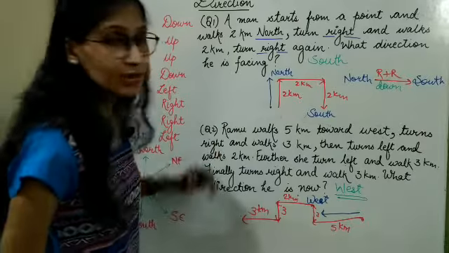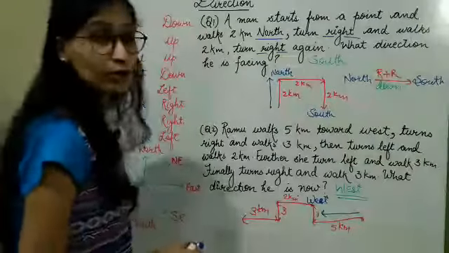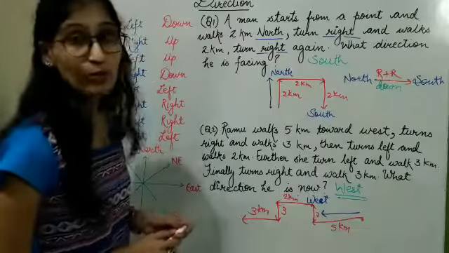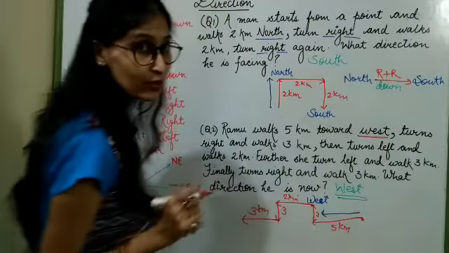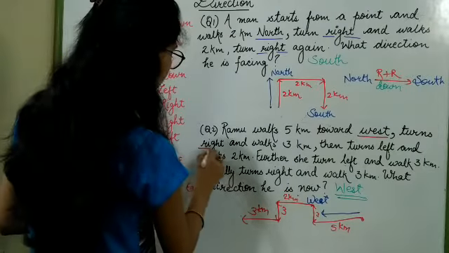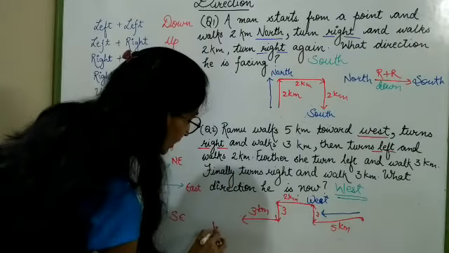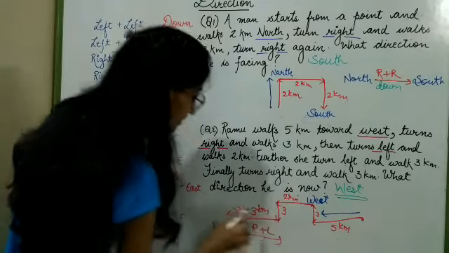We can solve the same question using this table. So start pointing out the keywords. The first here is Ramu walks towards west. So west will be my first keyword, and then right and left. So the point will be west, then right plus left.